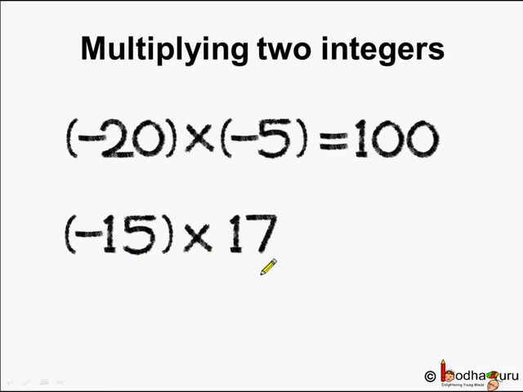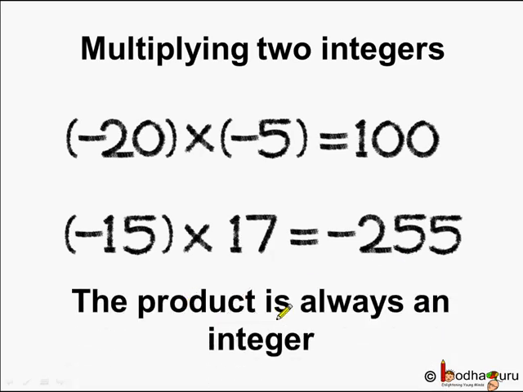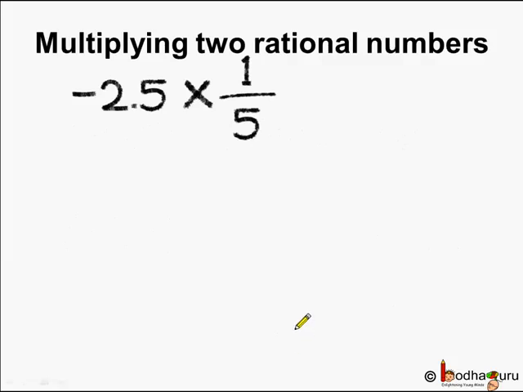Next, we have minus 15 multiplied by 17. Here, minus into plus becomes minus, and hence the answer is minus 255. So the product is always an integer, and we say that integers are closed under multiplication.